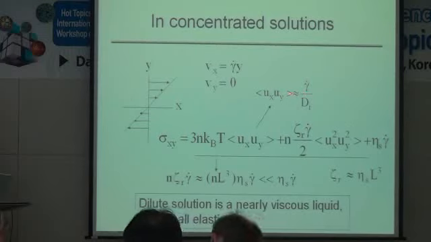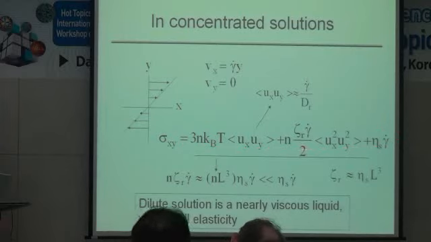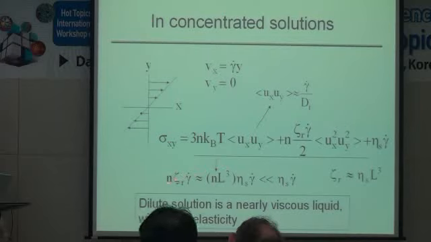And if you plug this formula into the shear stress expression that I derived in the previous slide, this is the expression for the shear stress. This term ux uy, if you plug this formula in, is essentially n theta.